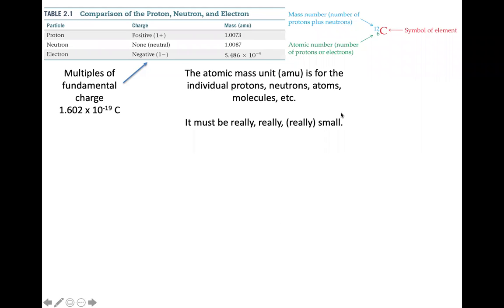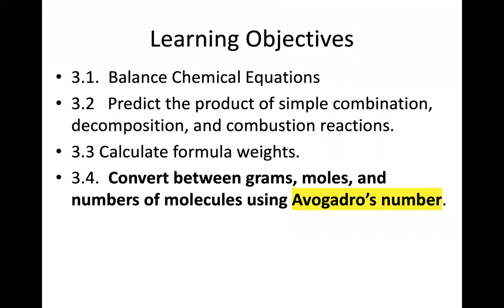So this atomic mass unit must be a really small amount. And in fact, the actual specific value, how many grams is it? We don't really use that information. We instead are going to be talking about the mass and get it into a scale that we can use. And by scale that we can use, we're going to be using the metric system and expressing the mass in grams all of the time.